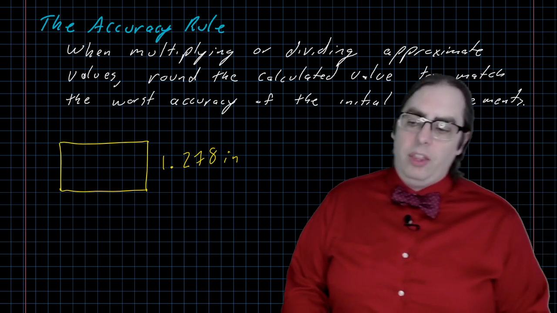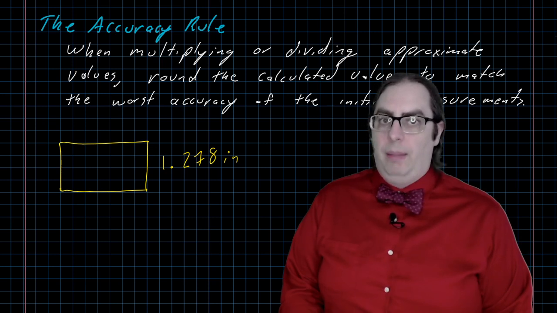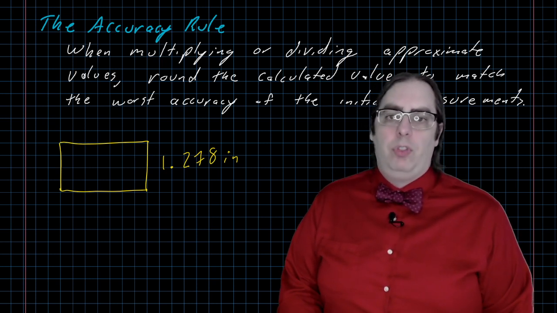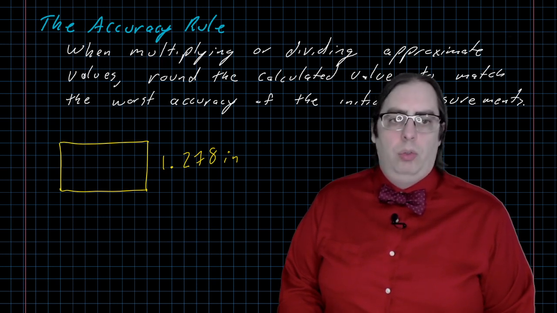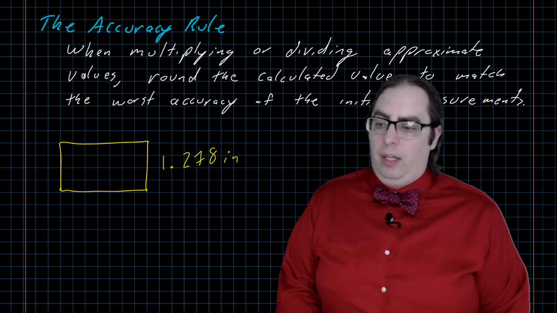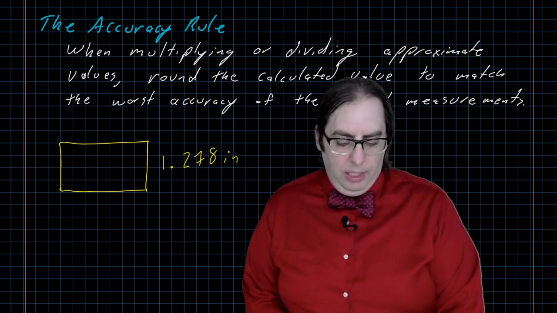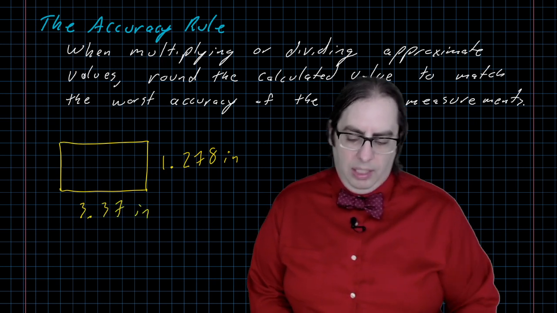And then the length of the rectangle is unfortunately too big to fit in the micrometer, and we don't have a larger micrometer, so we have to use a different tool. And so we use a simple ruler. And the simple ruler tells us that the length here is 3.37 inches.